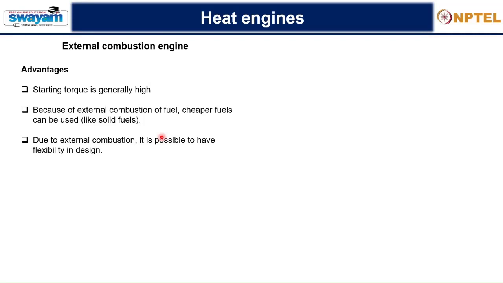Then, due to external combustion, it is possible to have flexibility in design. You are generally transferring the heat from one point to another point, right? So you can place your burning grid somewhere, and you can transfer the heat energy to the loop which is placed somewhere else. That's how you can have flexibility in design.